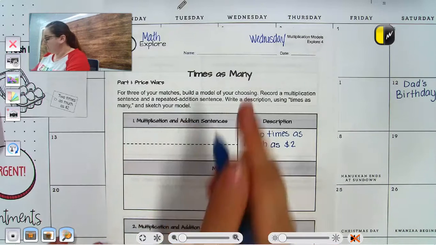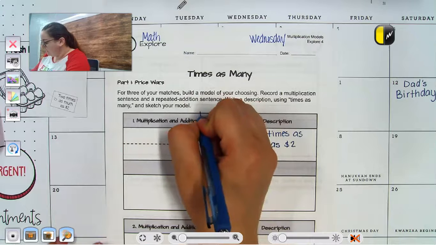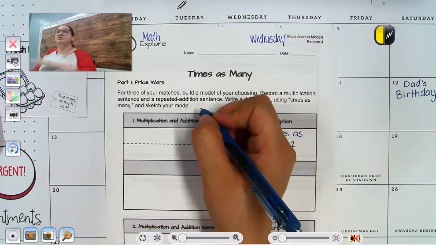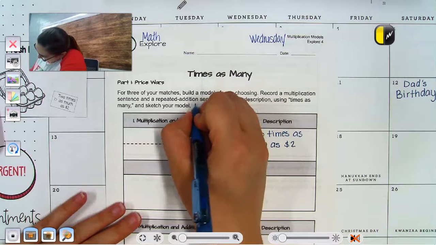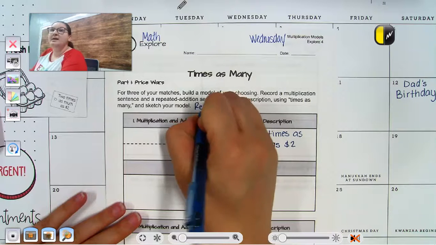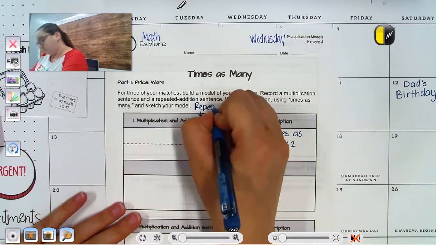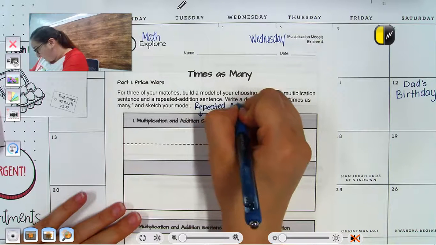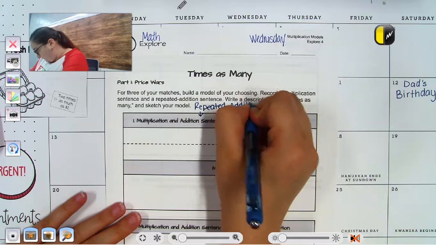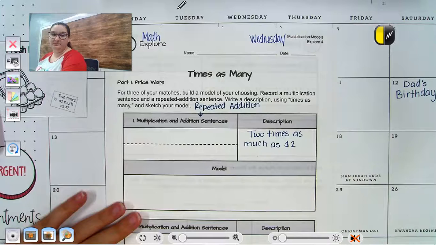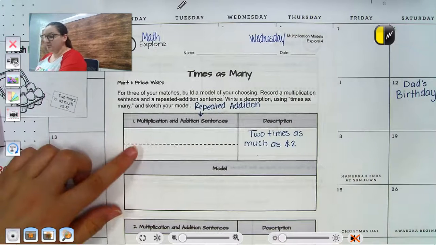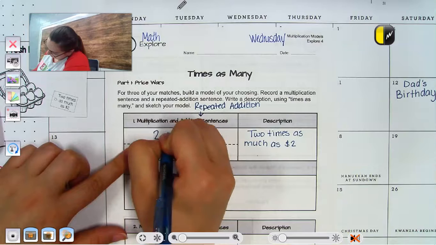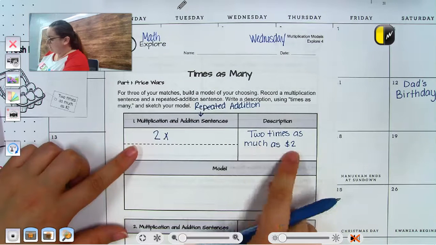Guys, an addition sentence is the same thing as repeated addition. Okay, so let's do the multiplication problem. 2 times as much as $2.